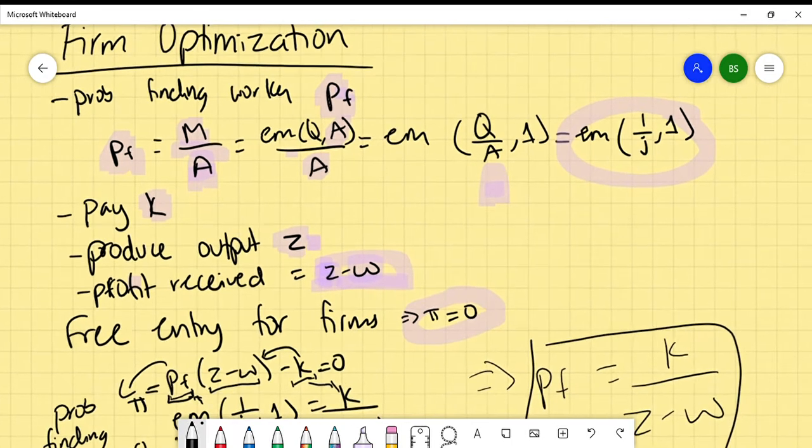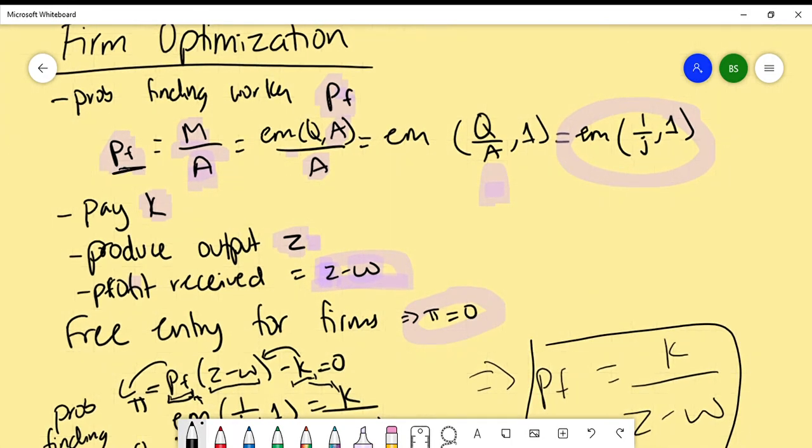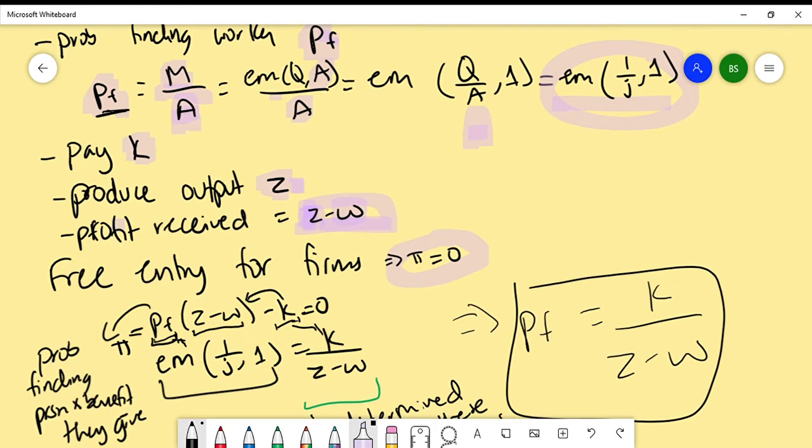Okay, so the probability for the firm to get a person is EM 1 over J comma 1. Now we're going to look at the total profit that the firm gets, which is equal to 0 because of free entry. So PF times Z minus W, the profit, minus K equals 0.